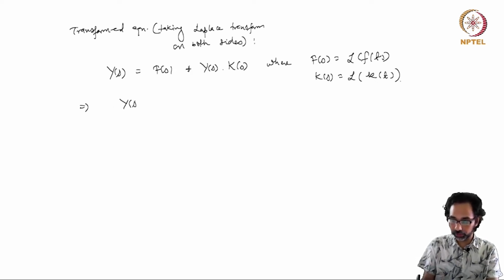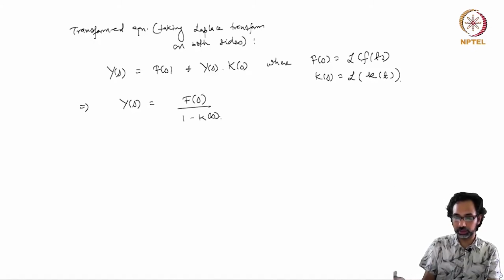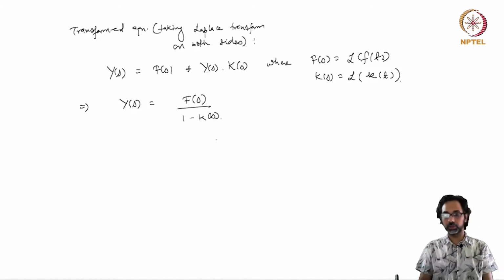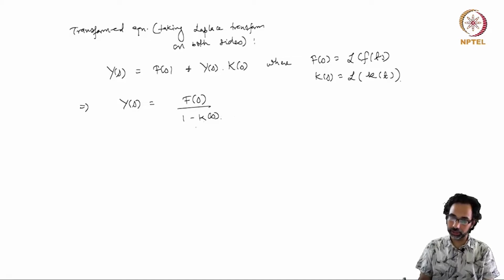So Y(s) can be solved as F(s) divided by 1 minus K(s). Now the problem is to invert this function to find the solution for y(t).